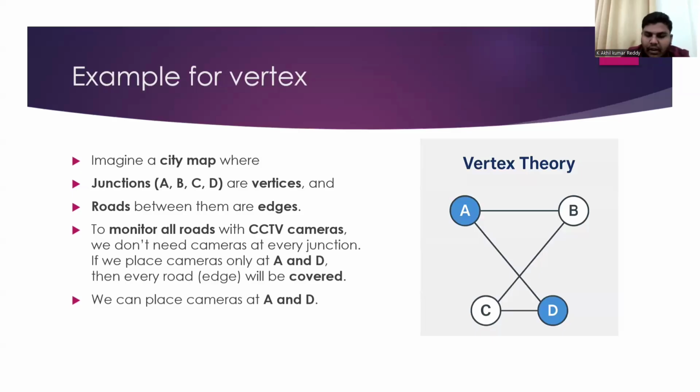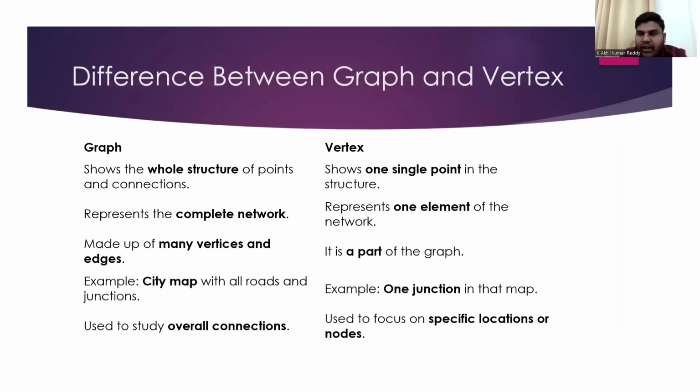Let us discuss the difference between graph and vertex. A graph shows the whole network, or all points and connections, whereas a vertex shows only one single point in the structure. Graph represents the complete network, whereas vertex represents one element of the network.